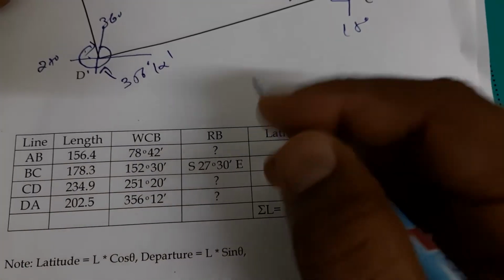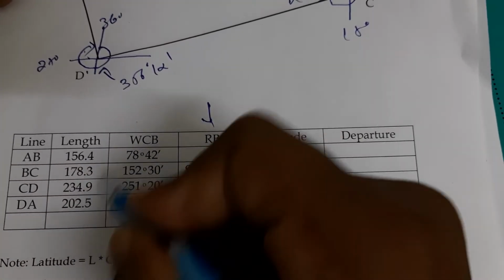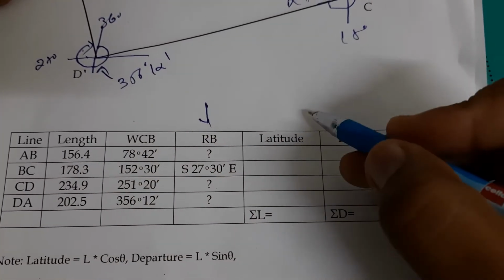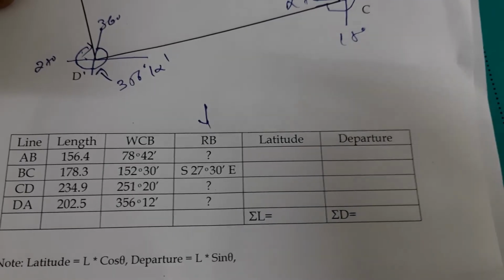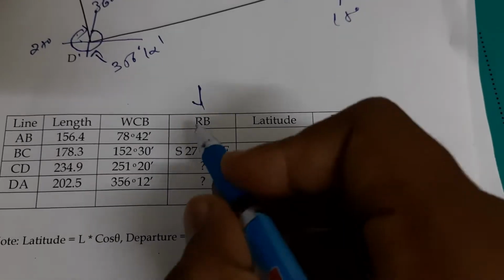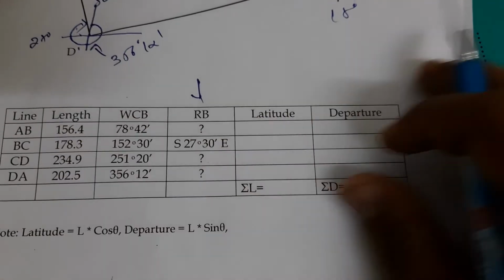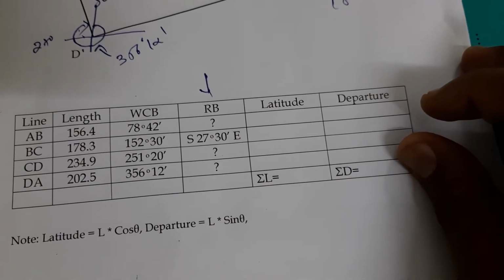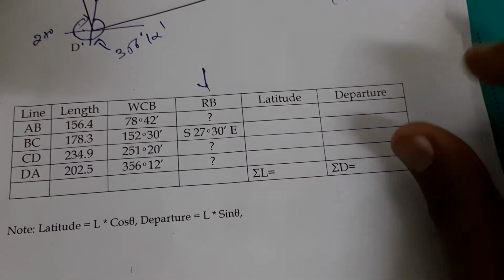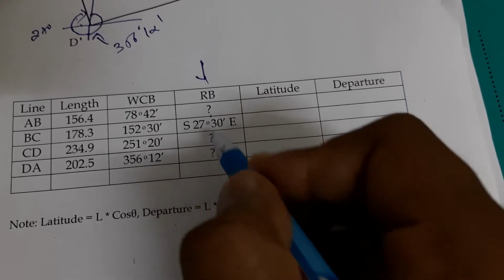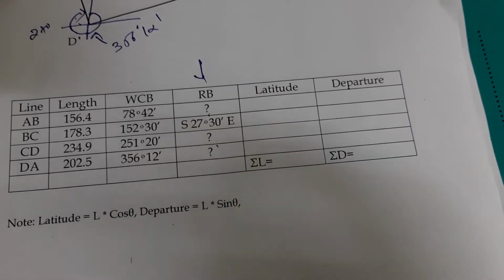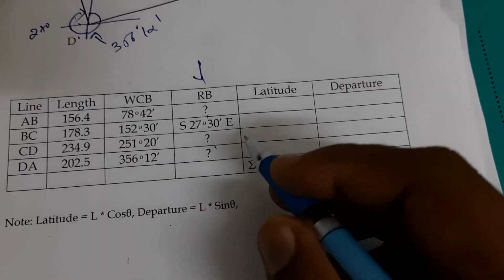Now we need to find the reduced bearing from the whole circle bearing, then the latitude and the departure. All of you know how to find the reduced bearing from the whole circle bearing, so try to find it yourself and write it here.